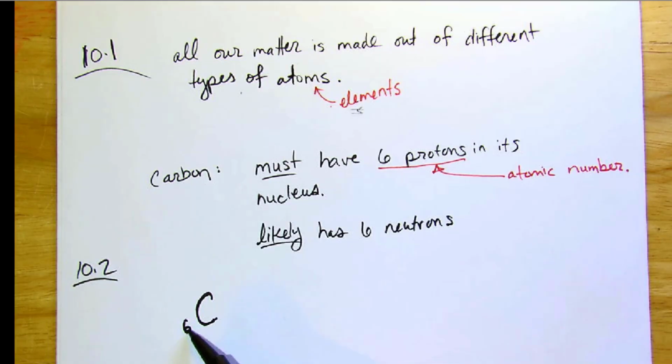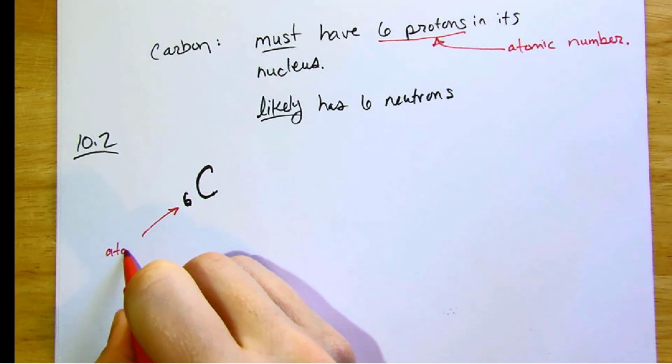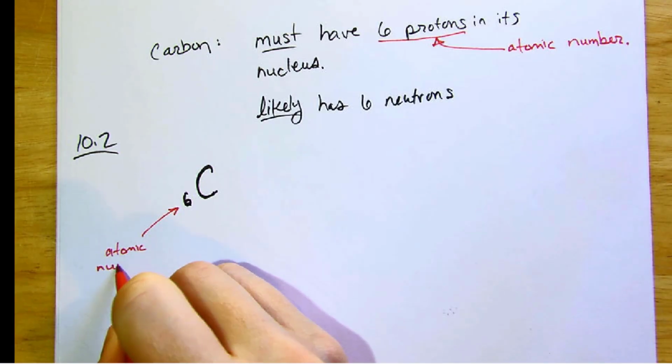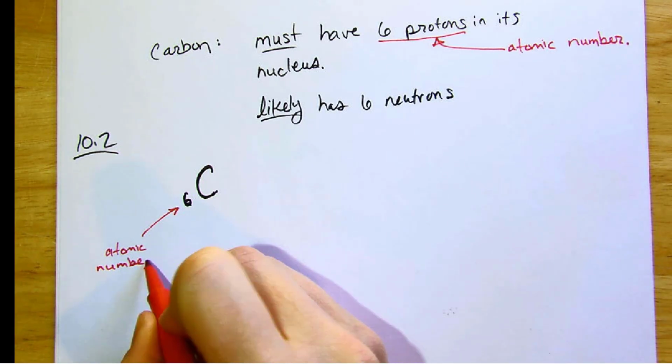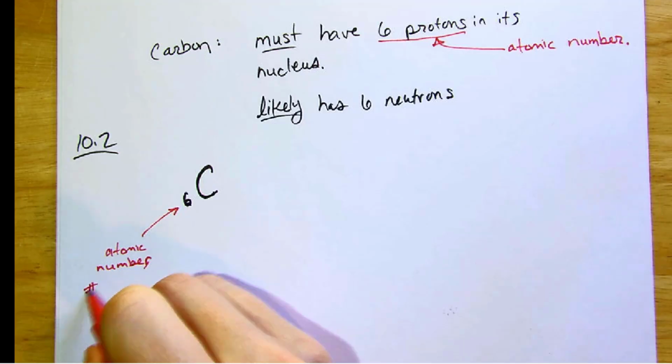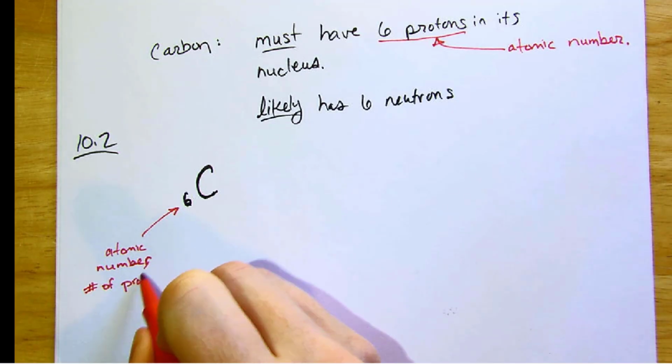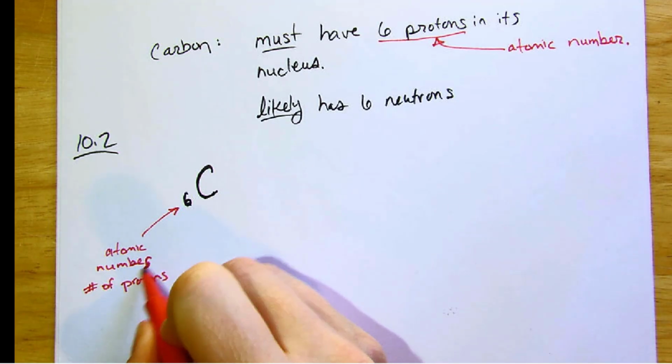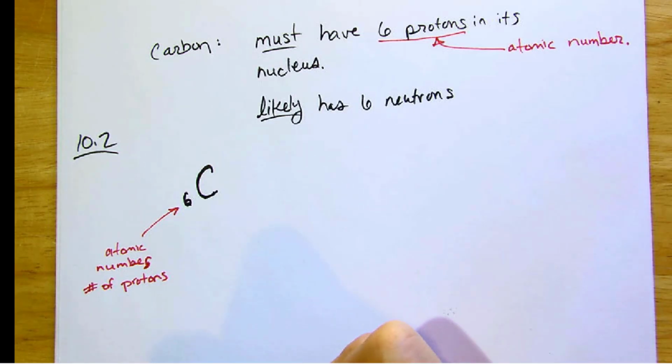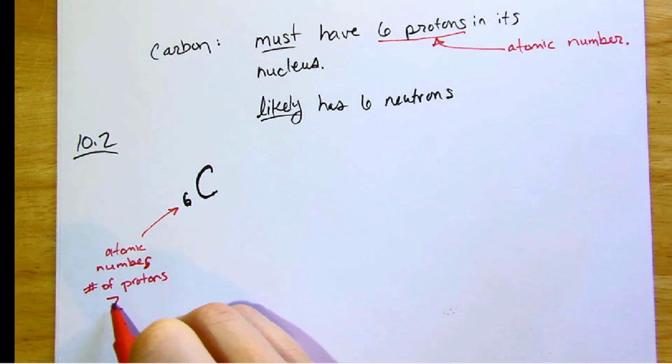If it had 8, this would be oxygen, and instead of writing a C, we would have to write an O. So this little number down here is the atomic number, which is the number of protons. And the abbreviation for that often is just Z.